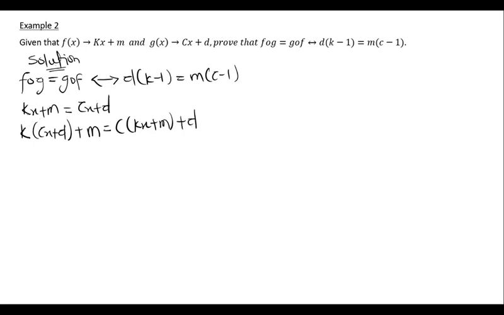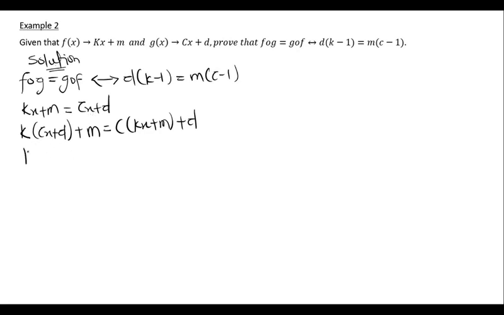So it means f of g: we write the function f, then we substitute g of x in place of where we have x. Then g of f: we write the function g, then we substitute the function f wherever we have the variable x. So we go ahead and simplify this.